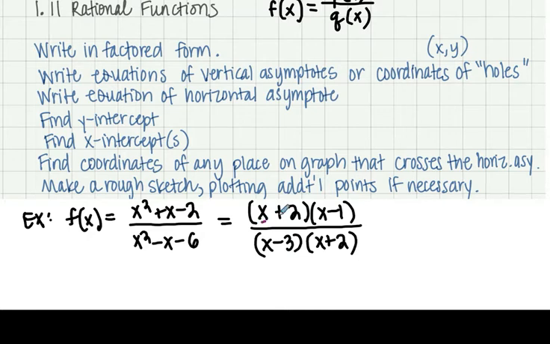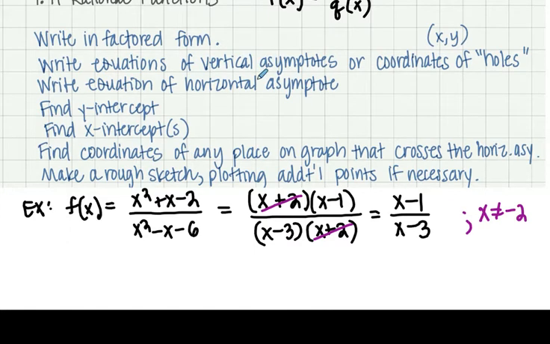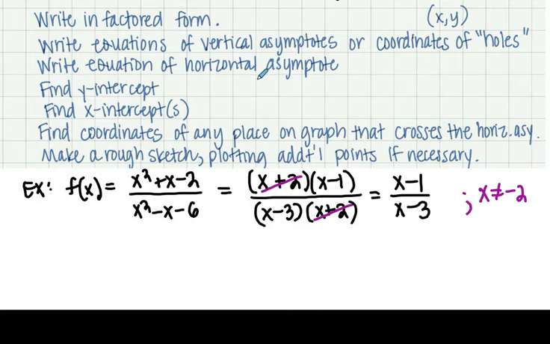And you can see that the x plus 2's cancel. However, x cannot equal negative 2. And we get x minus 1 over x minus 3. So x not equaling negative 2 means that we have a hole in our graph. So those common factors produce a hole.